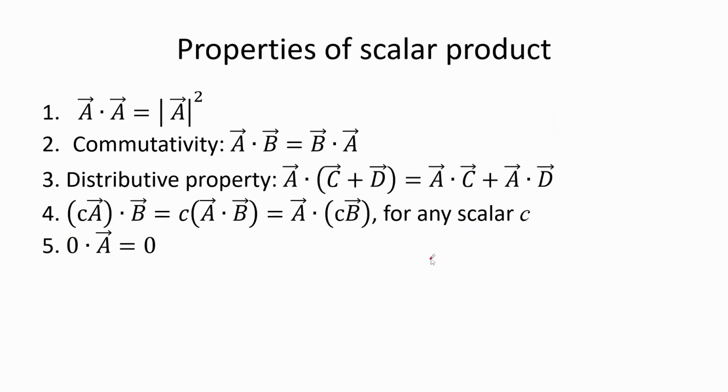Here are some properties of a scalar product. A vector dotted with itself gives you the square of the magnitude, or A squared.